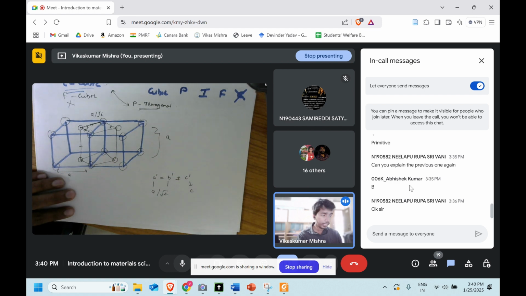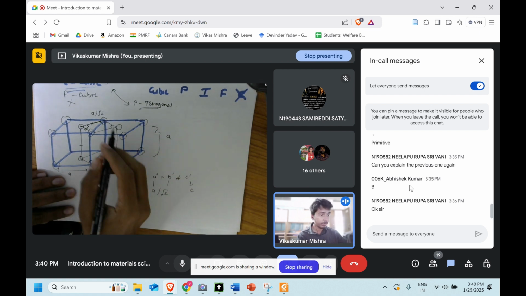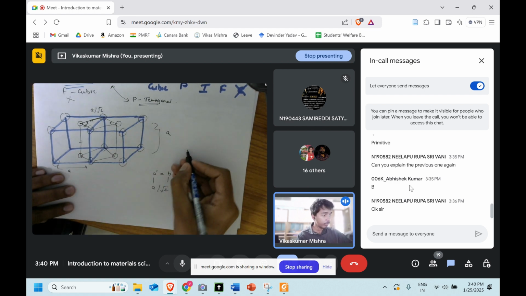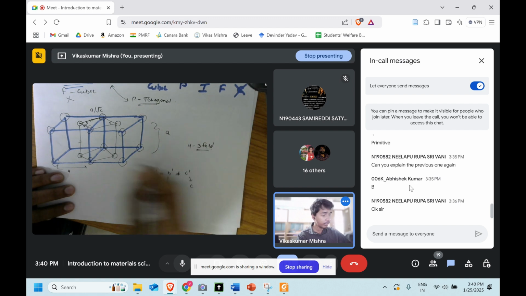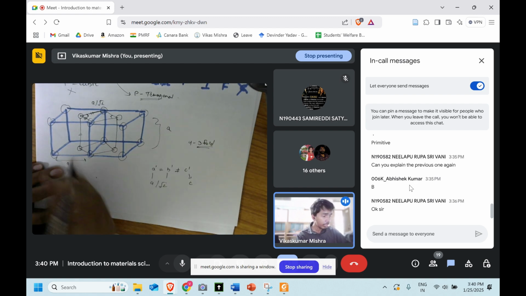The reason we keep this is that in the cubic we know there is a fourfold, a threefold is there. Threefold means that the threefold rotation should be satisfied. Now let's consider again one cube over here.